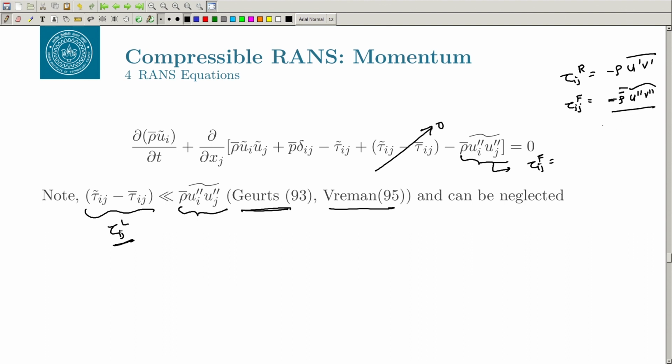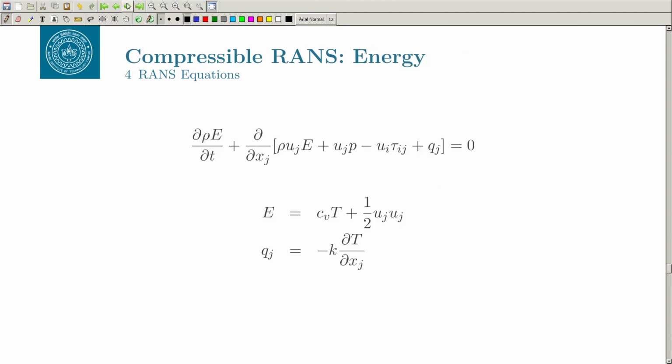Or you can also write it as minus rho u double prime v double prime bar. So, this is my tau ijf. So, we have an additional fluctuation term, that is the only change we have in the momentum equation.